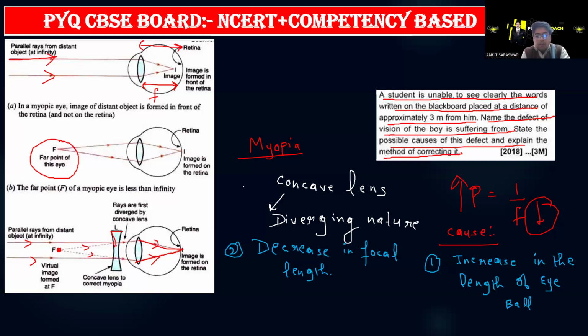Now what they're asking is, explain the method of correcting. Simple. We can correct this with the help of a concave lens. You can draw these diagrams which I have drawn on the left. It is a 3 mark question. So we can correct it with the help of a concave lens.